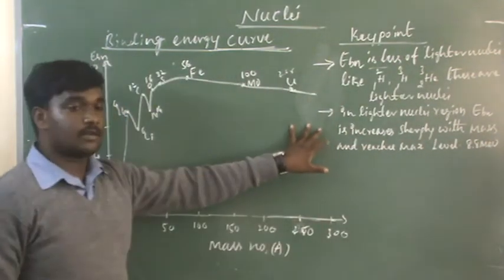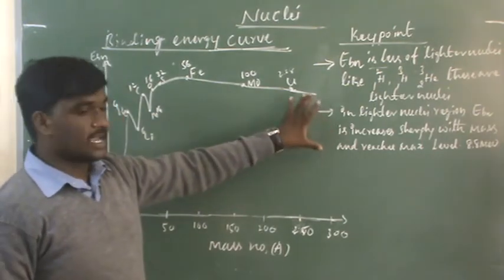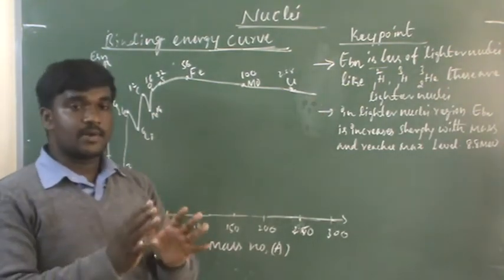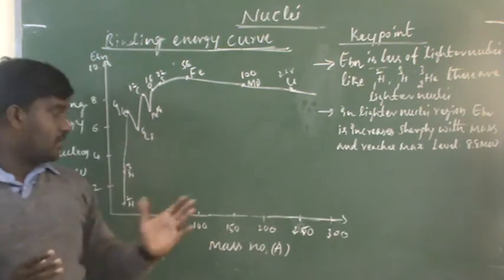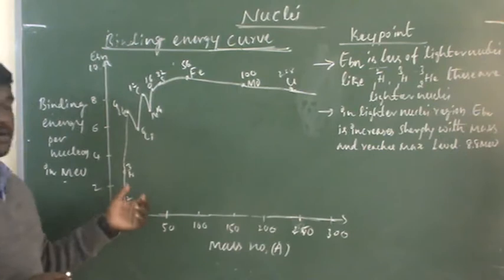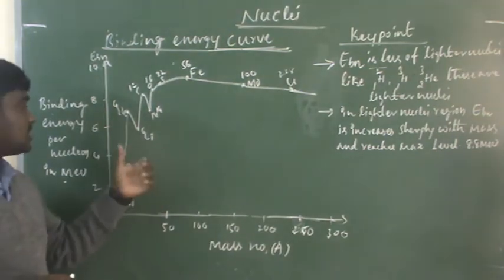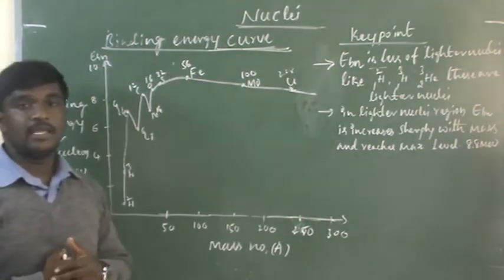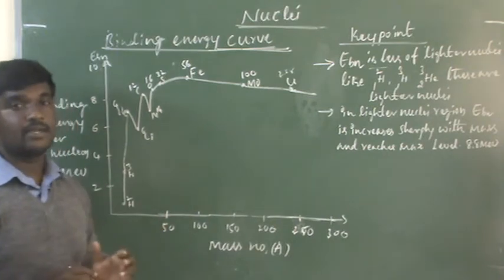Which one is the lighter nuclear region? This portion. 1H2, 1H3, 2He3 form the lighter nuclear region.